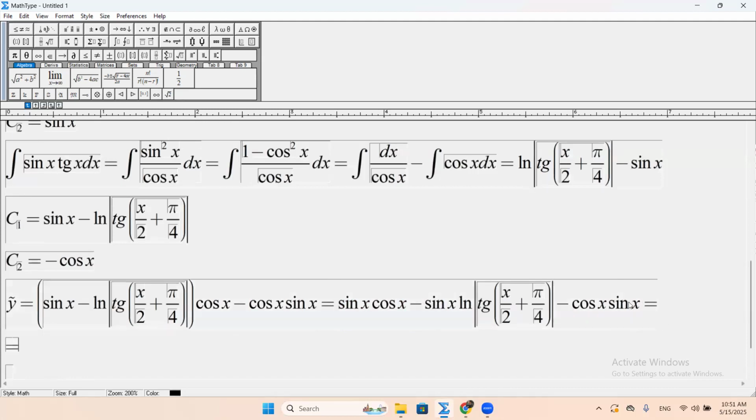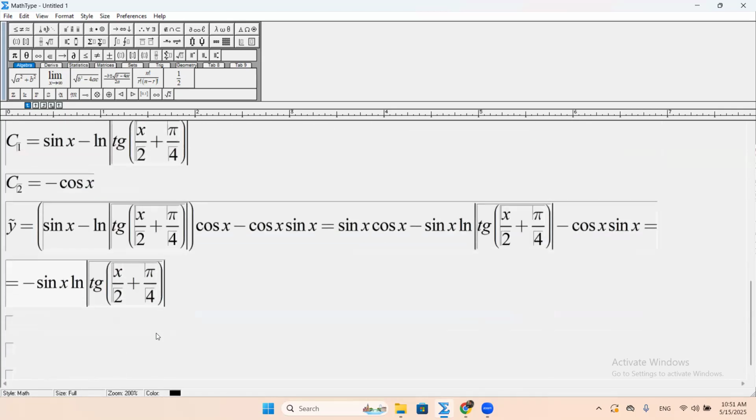So the final answer will be minus sine of x multiplied by a logarithm. I mean, the partial solution.